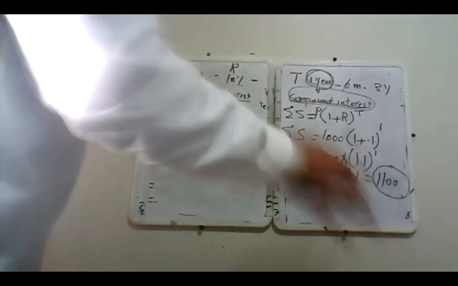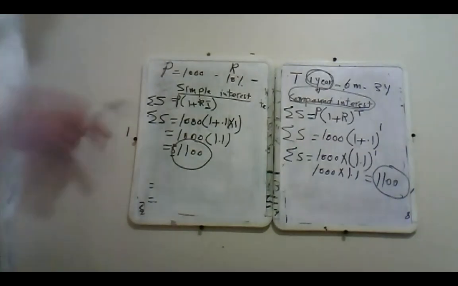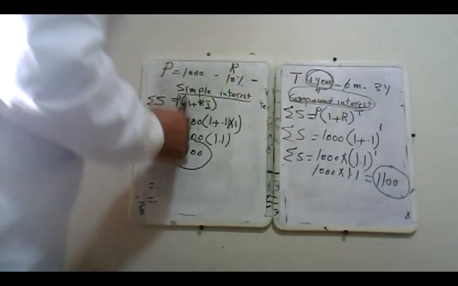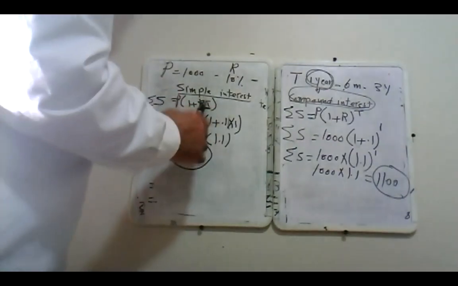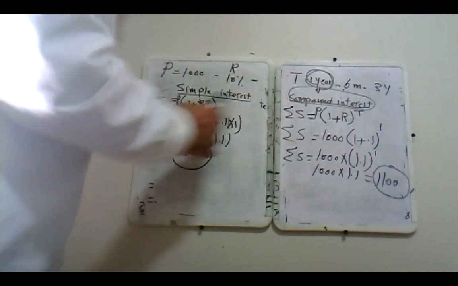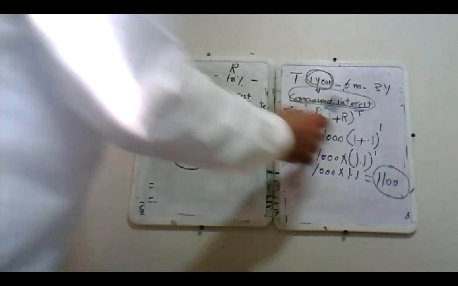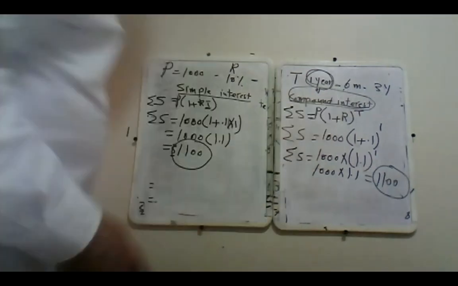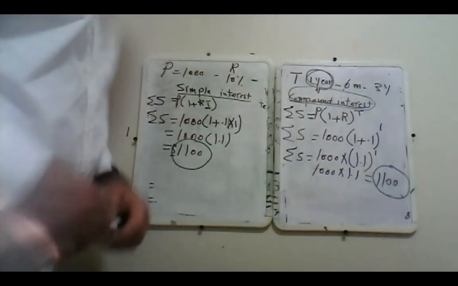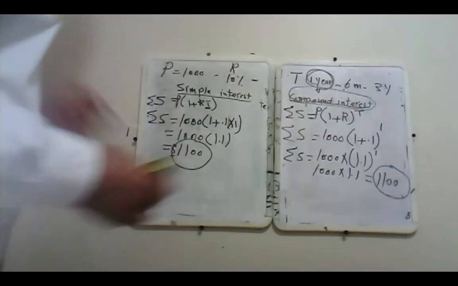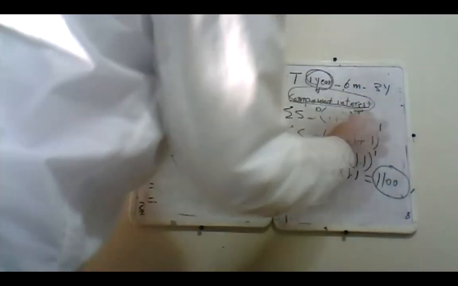That's why anything to the power 1 will be the same. Again, I'm saying principal multiplied by 1 plus r times t inside, if it was simple interest. But the power, if it was compound interest. And this is the difference between the simple and the compound interest. Let's go back to the second case.